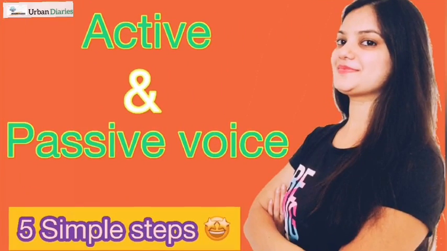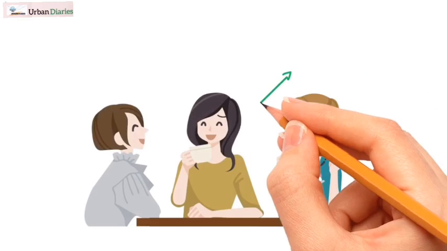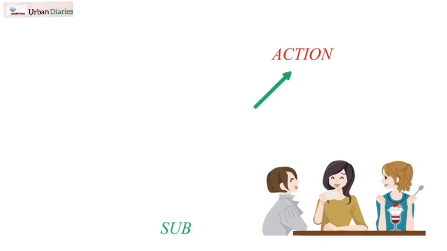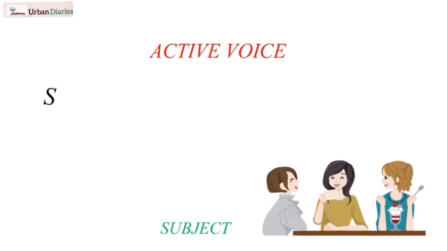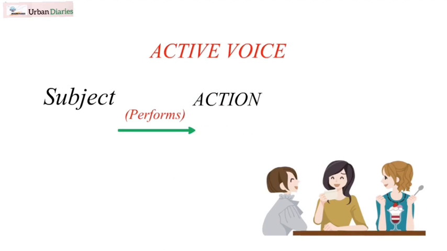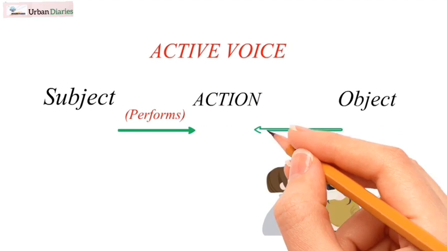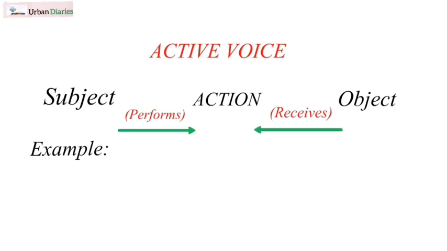So let's get started. One way in which we can describe an action performed by the subject is active voice, where the subject performs the action and the object receives the action. Let's see this example. I always help my friends.